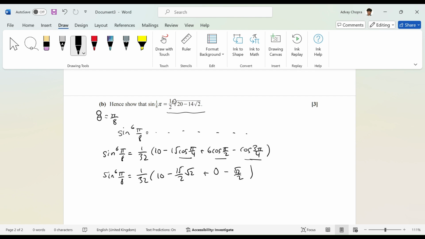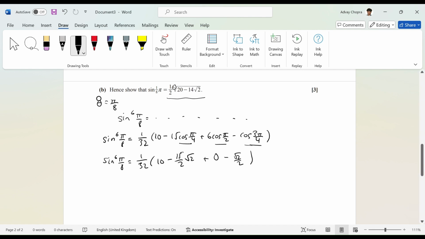Sorry, this would be minus, so it would be a double negative, which is a positive. And you might be able to see where we're going with this.